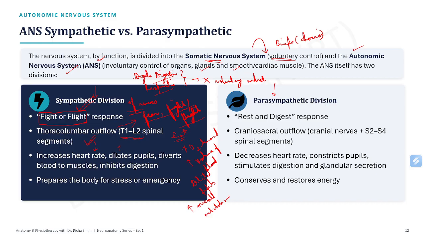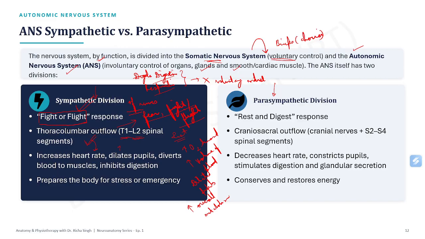So, the blood from your digestive system, that is your visceral organs of the abdominal cavity, is pulled. The digestion process is slowed down. The metabolism in the abdominal cavity is slowed down a little. You don't need blood to be flowing excessively in your excretory system. You don't feel the need to defecate or urinate in the fear, fight, and flight response.